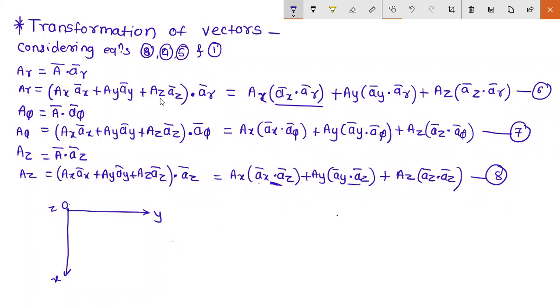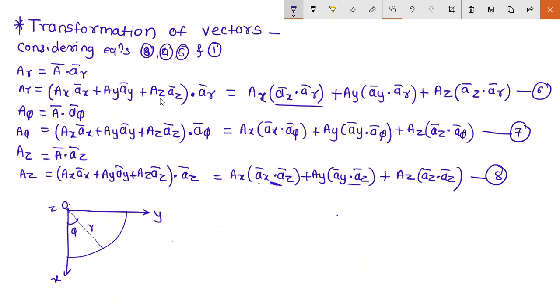So we have to define these points. First we'll define r. Consider the base of a cylinder here. The radius of that cylinder is this one, and it makes an angle phi from the x-axis.